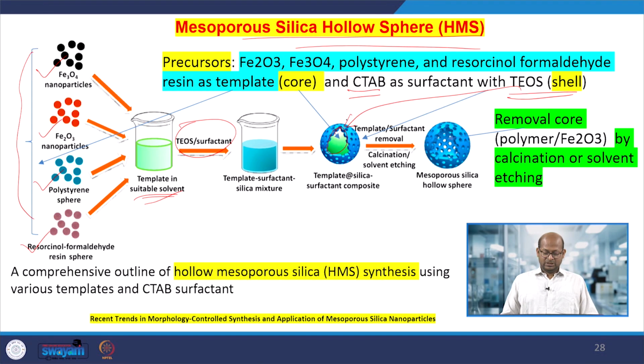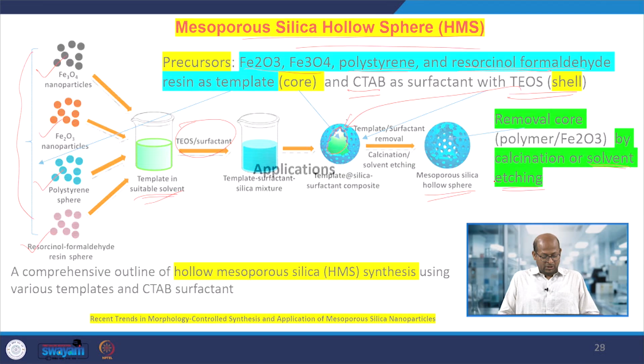After that, if we heat and calcine at high temperature, the cores will be removed. The cores are organic materials, resorcinol formaldehyde, polystyrene, and some metal oxides are also there. Those metal oxides we can remove by an etching method. In this way these mesoporous silica hollow spheres form.